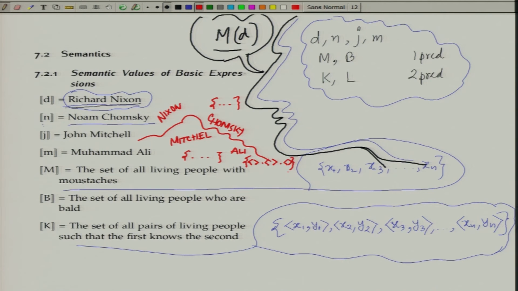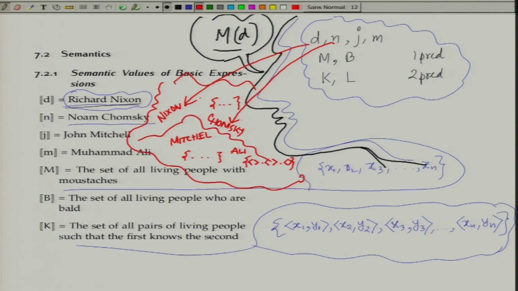Now, can you see that this red part is already our model part. Corresponding to each and everything. This is a linguistic unit D, corresponding to that we have this thing, an object, and this is a linguistic entity, that is N, corresponding to that you have this object.